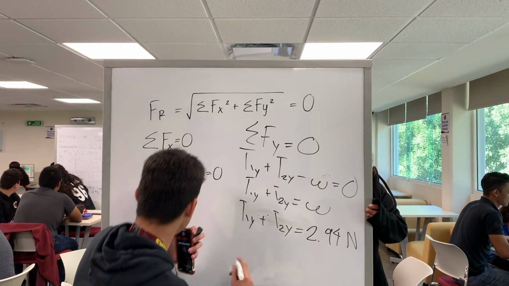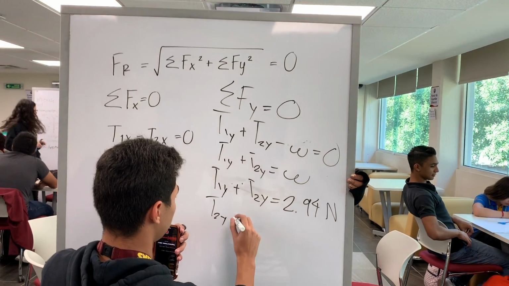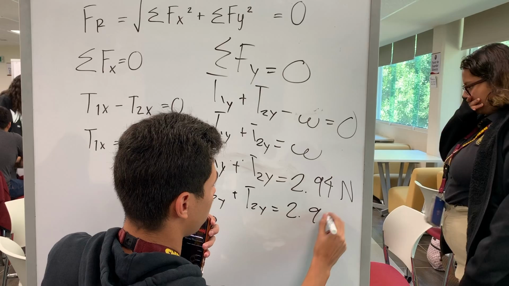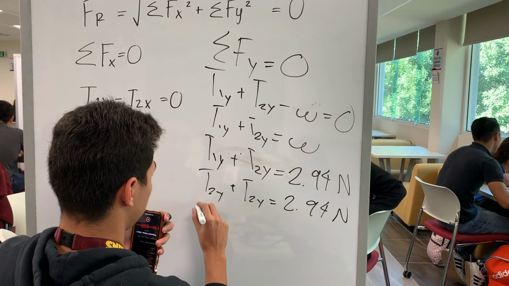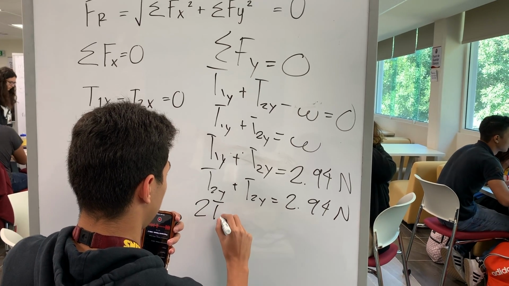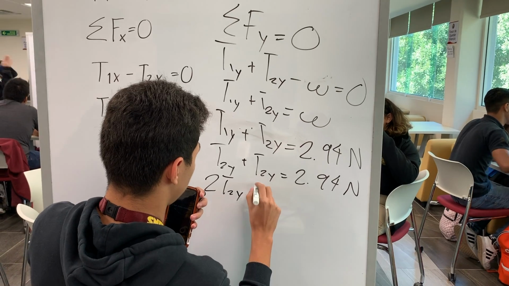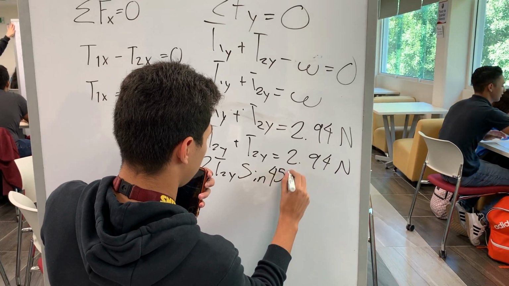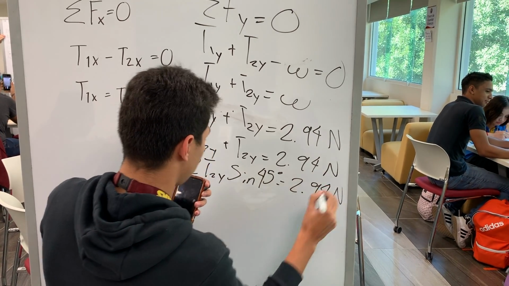Since tension 1 is equal to tension 2, we can substitute: 2 times tension 2 in y is equal to 2.94 newtons, and we use the sine of the angle, 45 degrees.